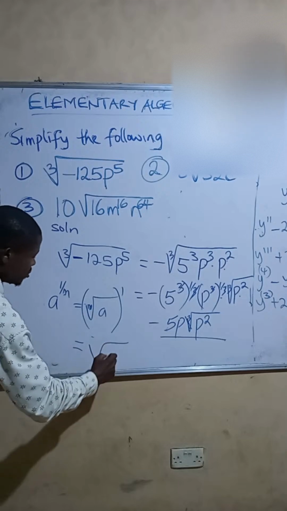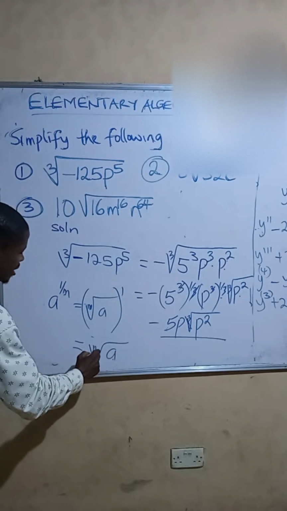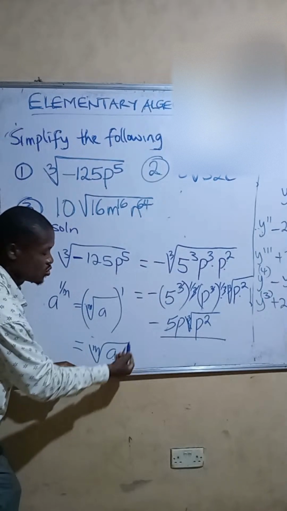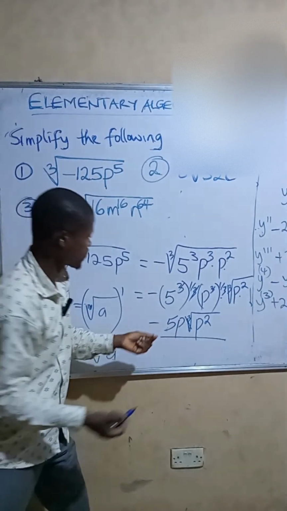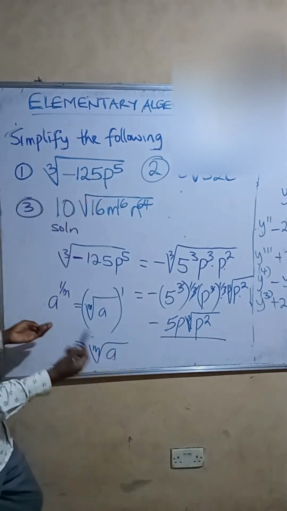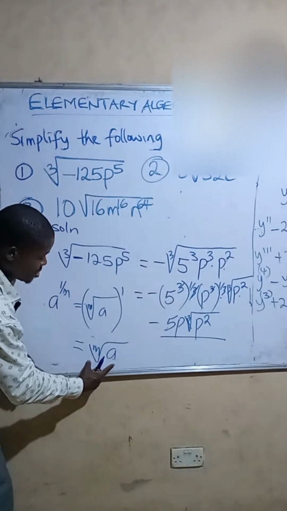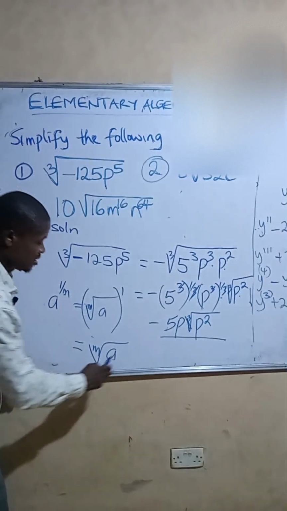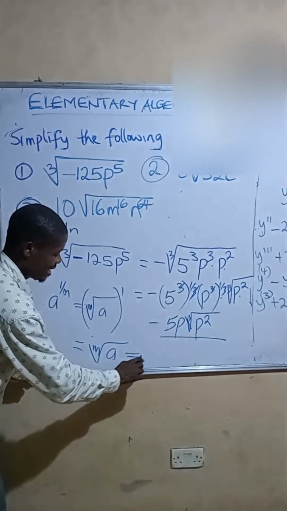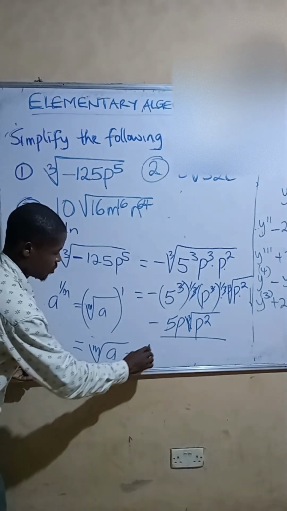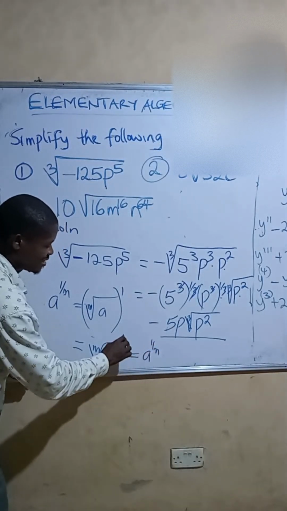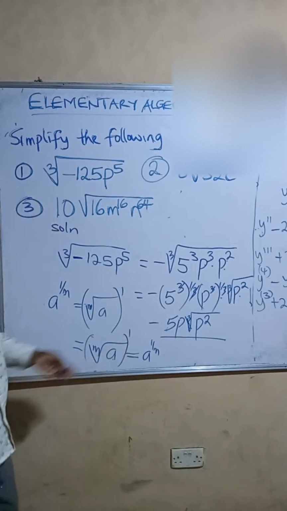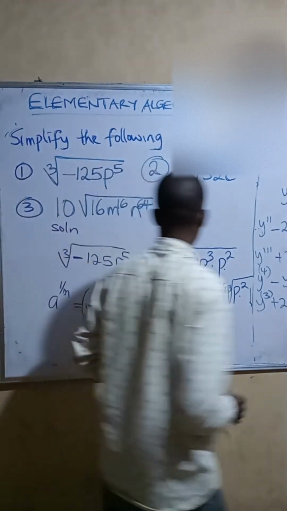So it's going to give you a, and the 1 here will not show. So that's what happens when you remove the root in such a case. The reverse is also the case: a to the power 1 over m. So that's the solution to the first one.